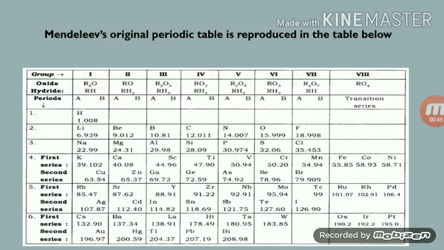In this diagram there are 12 horizontal rows, but they are condensed to 7 rows, and they are periods. There are 7 periods which are condensed rows of 12. So they are considered as periods.